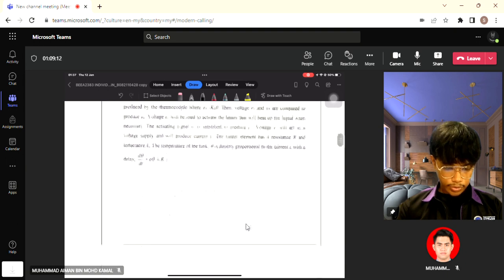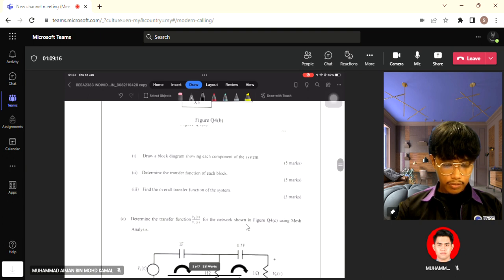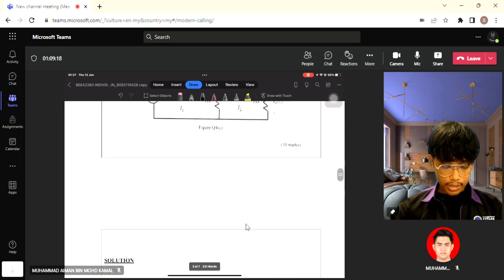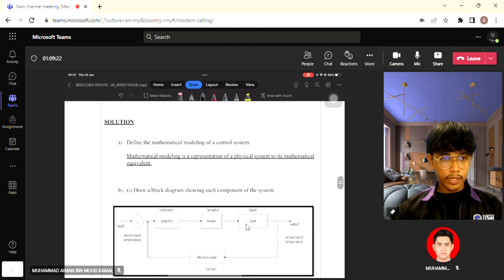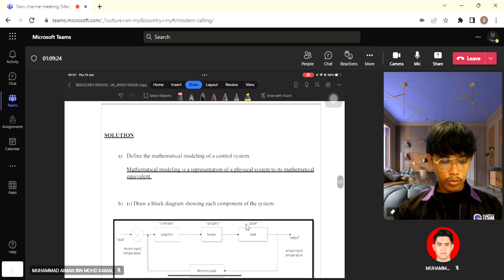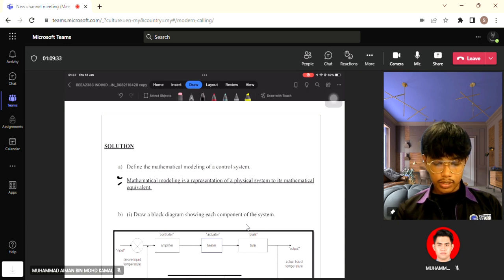The answer that I got from the slide, and I asked Sir Amar myself, is that since it is 2 marks, the answer must be simple, but at the same time the same as the theory that we learned from the slide.